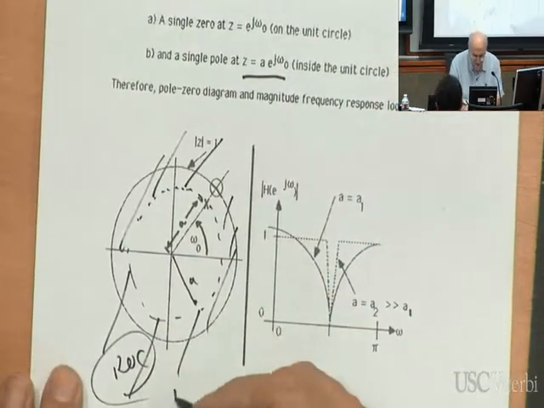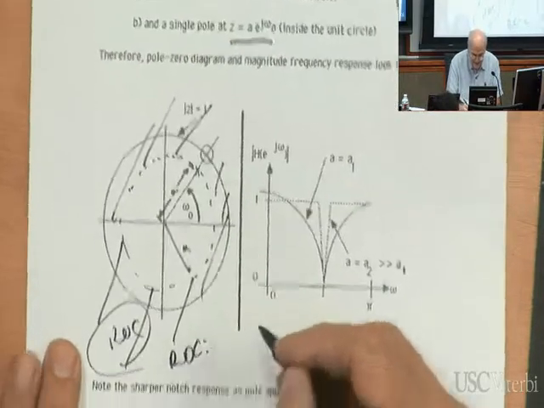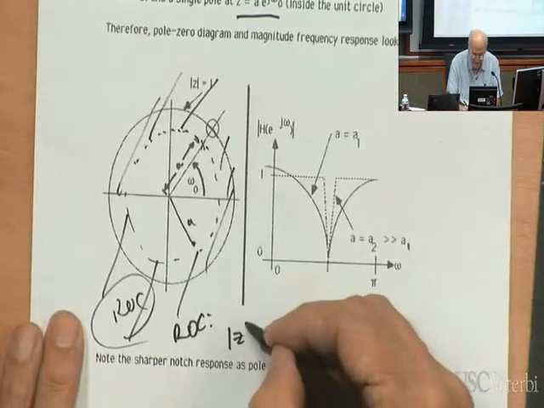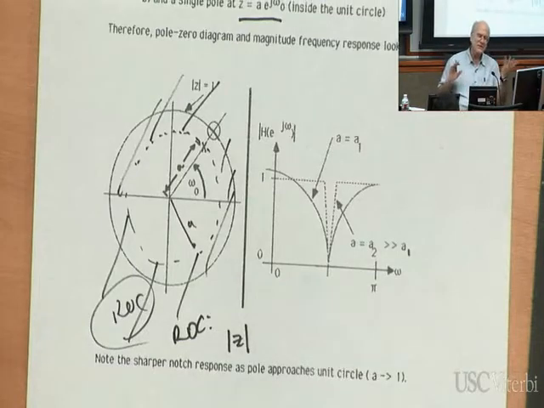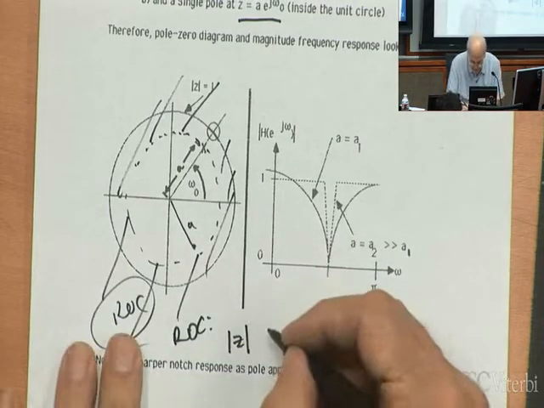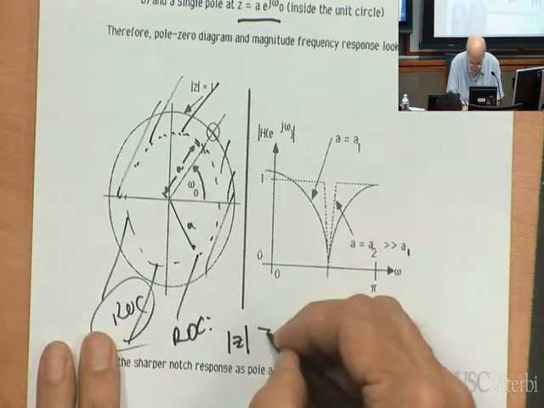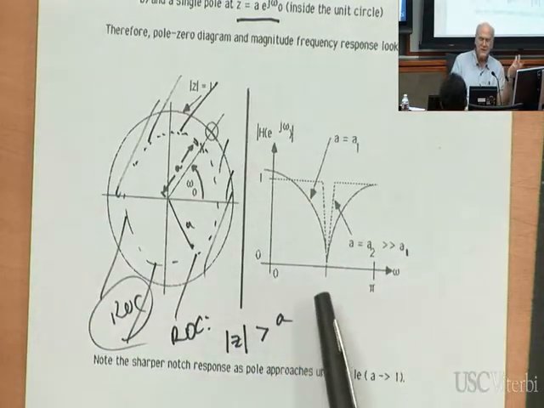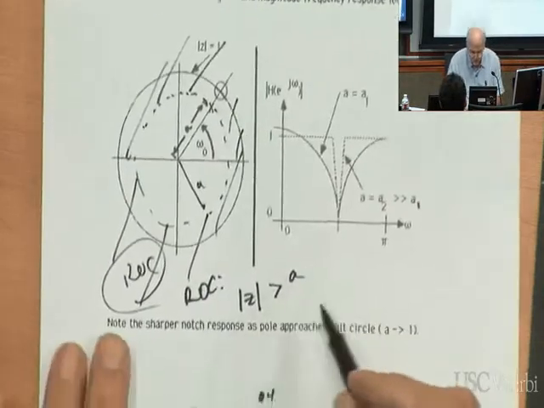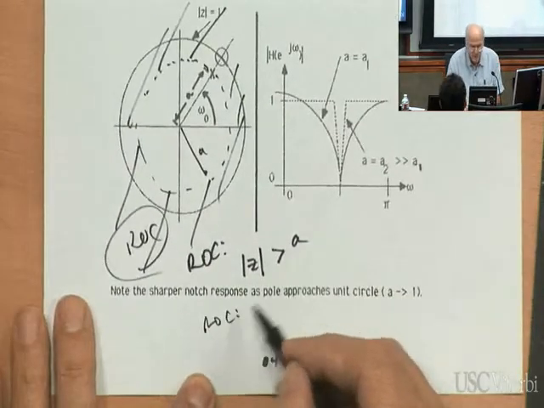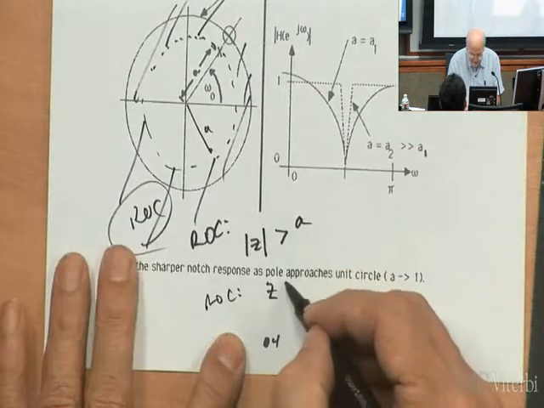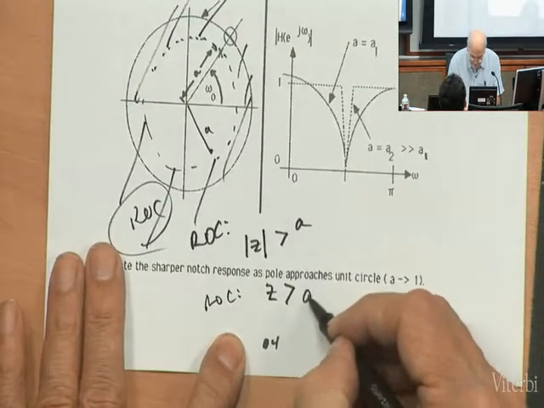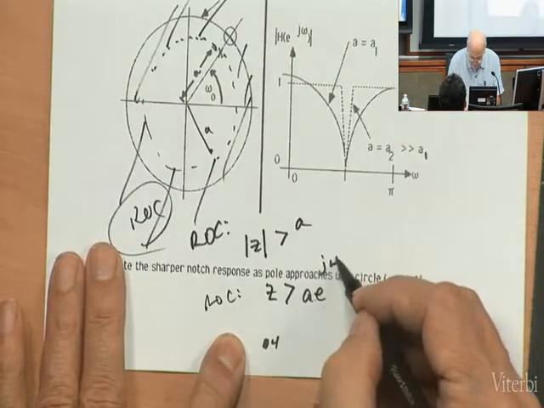So the ROC is the set of all z such that the absolute value of z is greater than little a. Somebody on one of the homework sets had a complex pole, and they said, isn't the ROC in this case z greater than a e to the j omega naught?